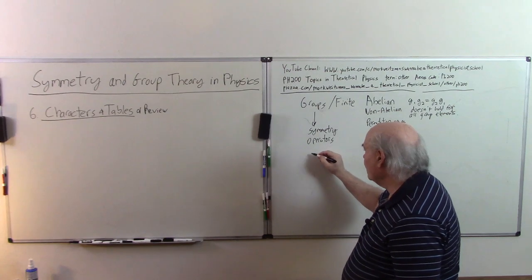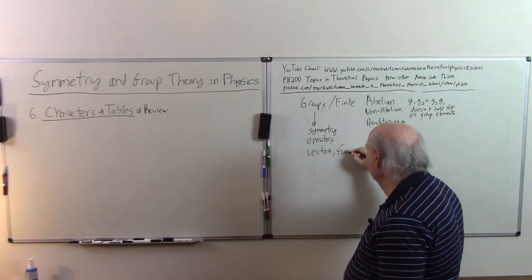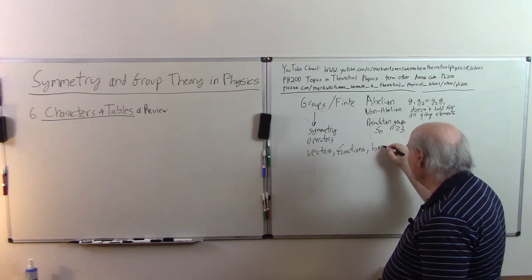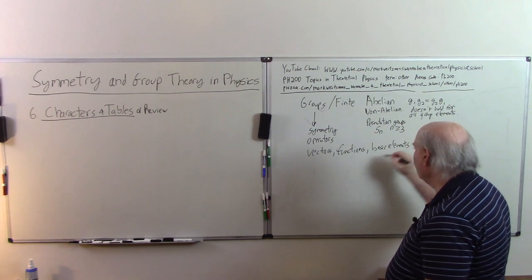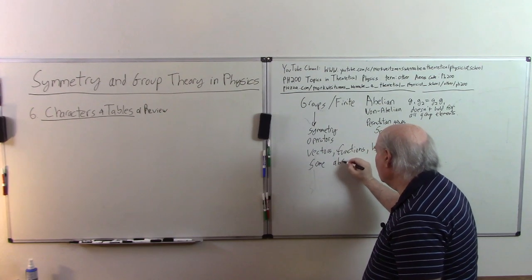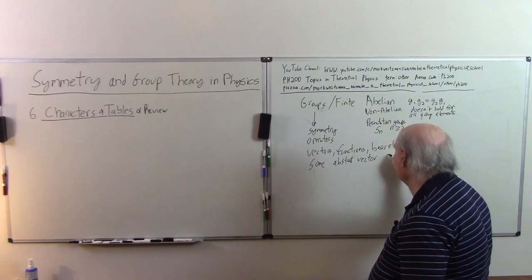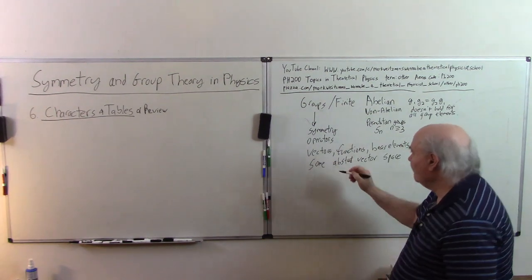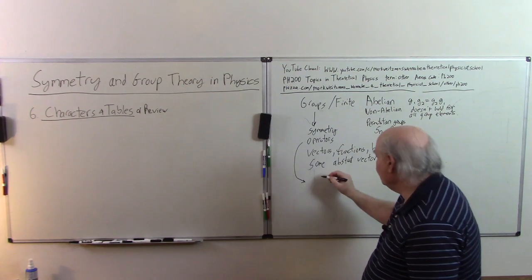They act on what we call vectors, functions, basis elements, some vector space, some abstract vector space. And these symmetry operators, the group commutes with the Hamiltonian.